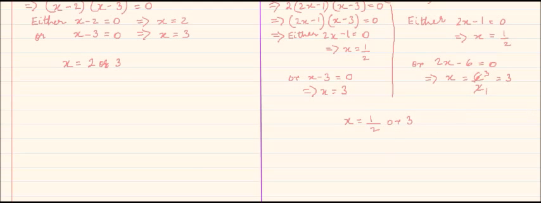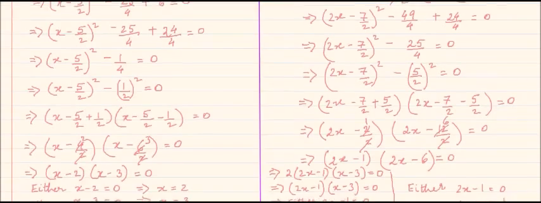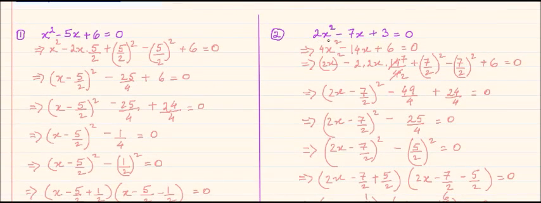And let's just verify, let's do the checking orally. When x equal to half, we are having the equation as 2x square minus 7x plus 3 equal to 0. When x equal to half, x square is half square, that is 1 by 4. 2 times 1 by 4 is half, and 7 times half is 7 by 2.